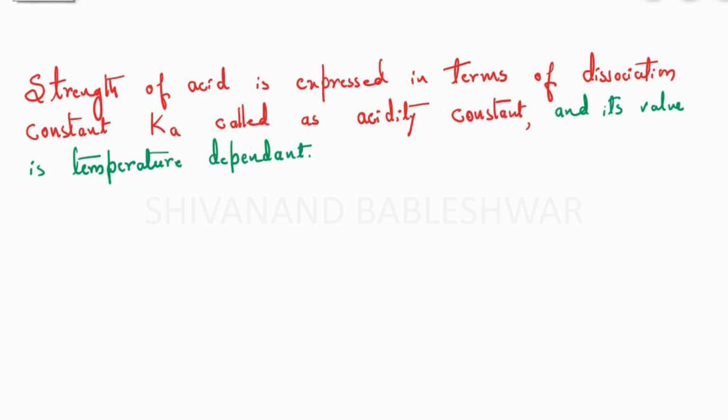Now the strength of the carboxylic acid is expressed in terms of a dissociation constant called Ka. This dissociation constant is called the acidity constant, and its value is dependent on temperature, or we can simply say it is a temperature dependent constant.